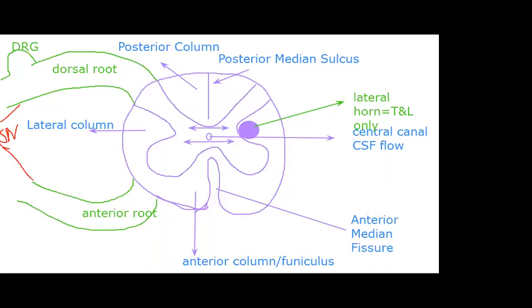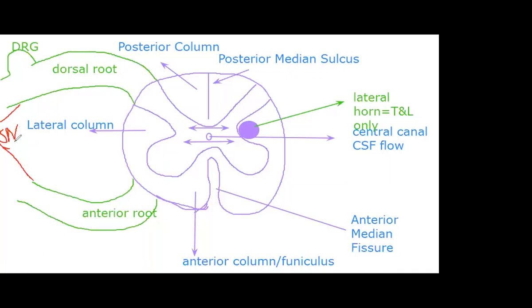That is what we just saw on the picture coming out of your cord. It is a combination of a dorsal root and an anterior root, which means that all spinal nerves are going to be called mixed nerves because they'll be able to carry both sensory information and motor information. So all spinal nerves are referenced as mixed nerves.